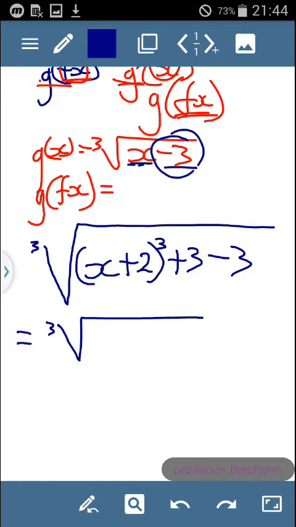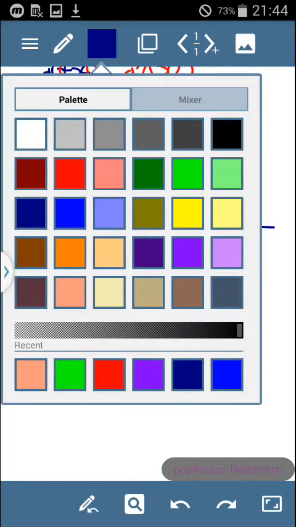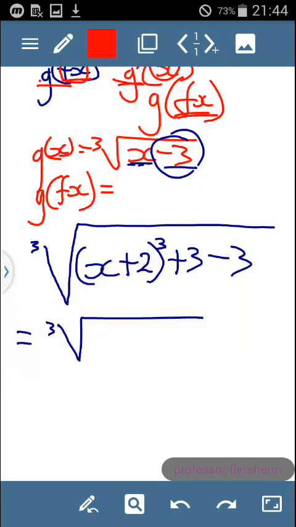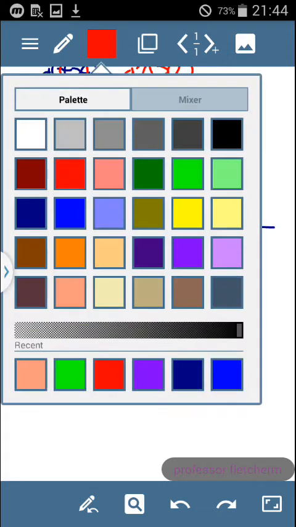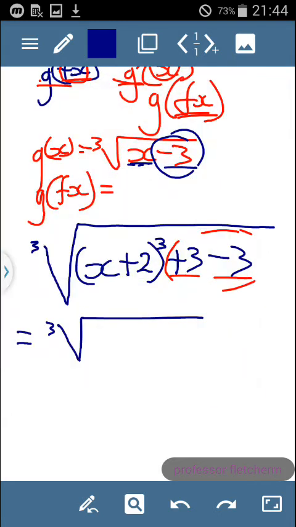Plus 3 minus 3 will give us a 0 there. So definitely this part will not be there, and we'll be left with the other part, which is (x plus 2) cubed.